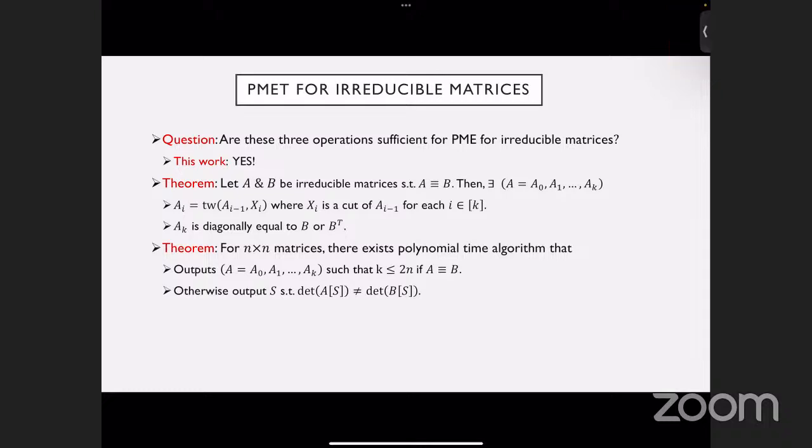So one thing is that suppose we take the matrix corresponding to bipartite matching, and we apply this twist operation. Then it might happen that the matrix we get now does not correspond to an instance of bipartite matching.